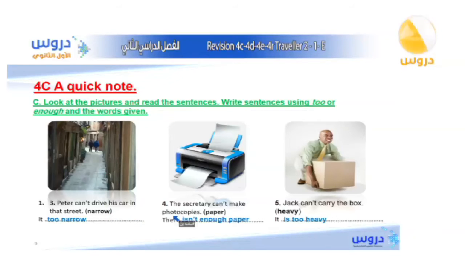We use too here. The secretary can't make photocopies. There isn't enough paper. And number 3: Jack can't carry the books. It's too heavy. So in the first one we use too narrow, in number 2 we use isn't enough paper, and in number 3 we use it's too heavy. Very nice.